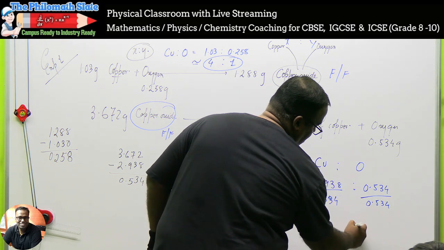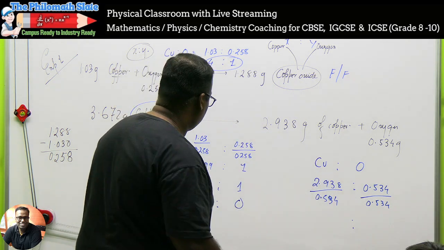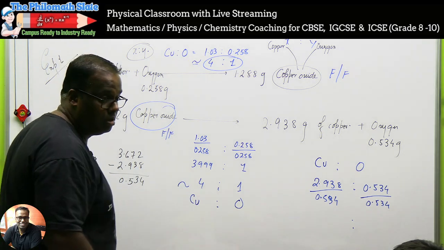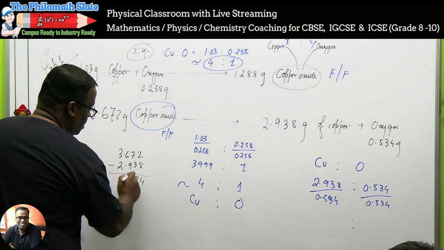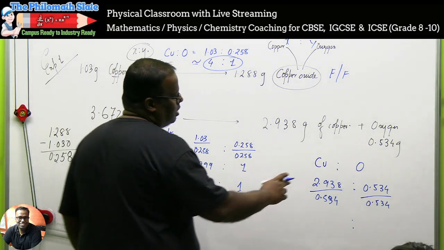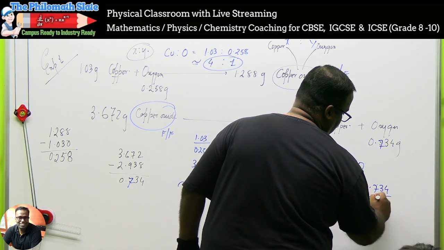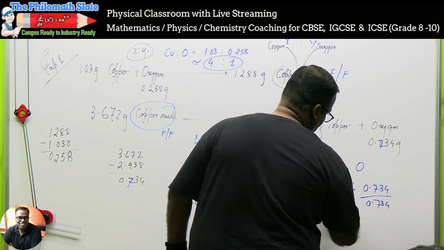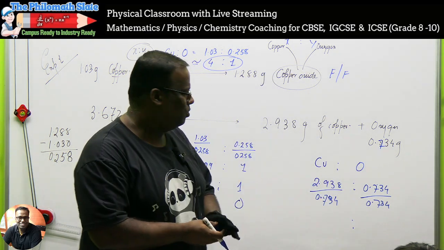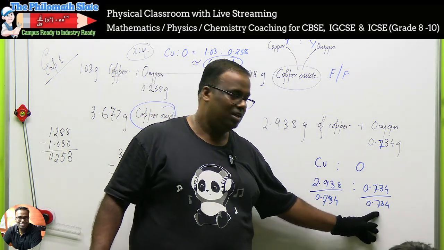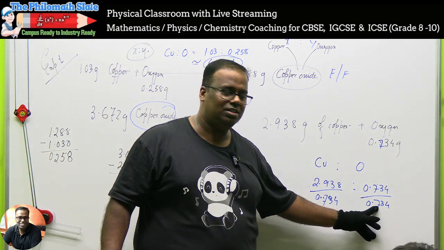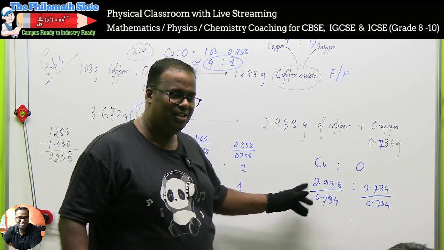अच्छा 0.734 है, सॉरी 0.734. ओके, तो इसको 0.734 से डिवाइड करेंगे. अब देखो मोटा मोटी आपको. This will be how much? 7 4s are 28. 29 के आसपास मिल जाएगा.